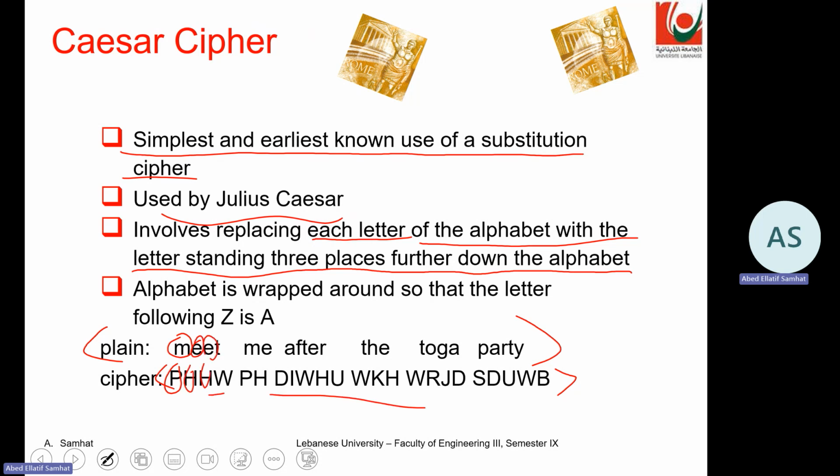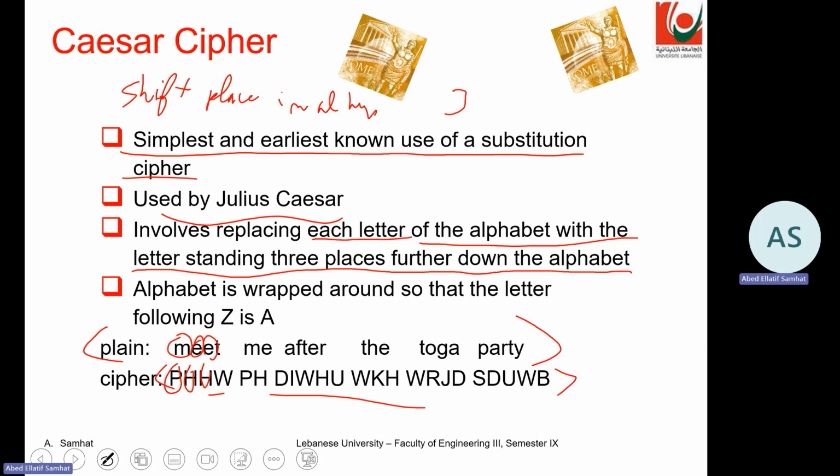So Caesar works as a kind of shift, a shift of places in the alphabet, typically by 3. If we shift M 3 places, we reach P. If E, we shift 3 places, we reach H, and so on.